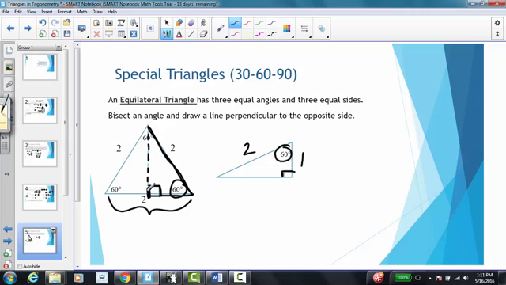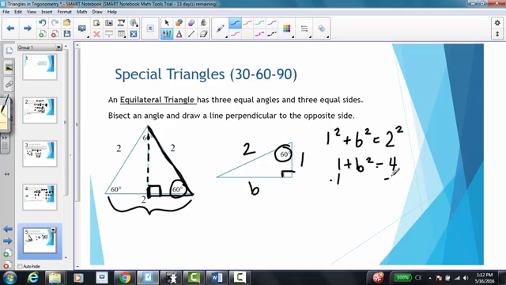But now we need to find the height of this triangle. In order to find the height of this triangle, we can use the Pythagorean theorem as we did in the previous triangle. So we have the leg squared plus our other leg squared, which is what we don't know. So let's just call that b. B squared equals our hypotenuse squared. So that gives me 1 plus b squared equals 4.